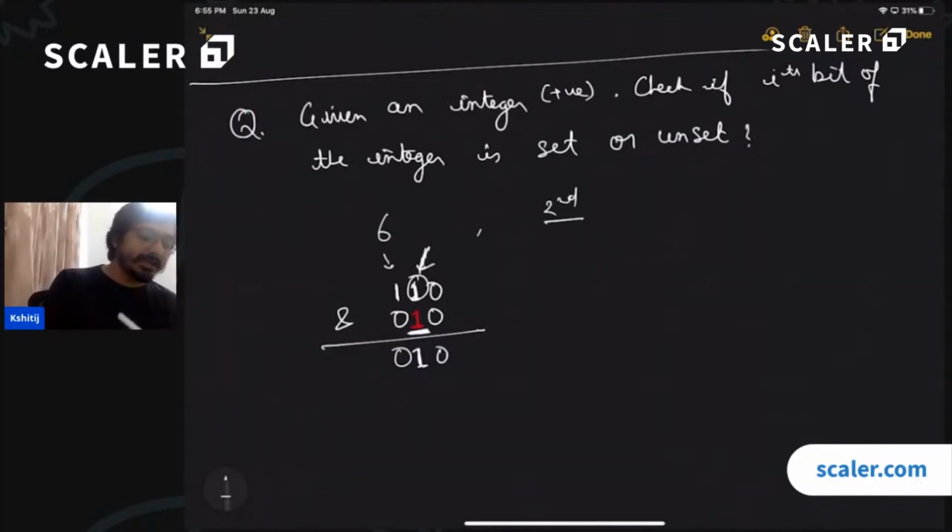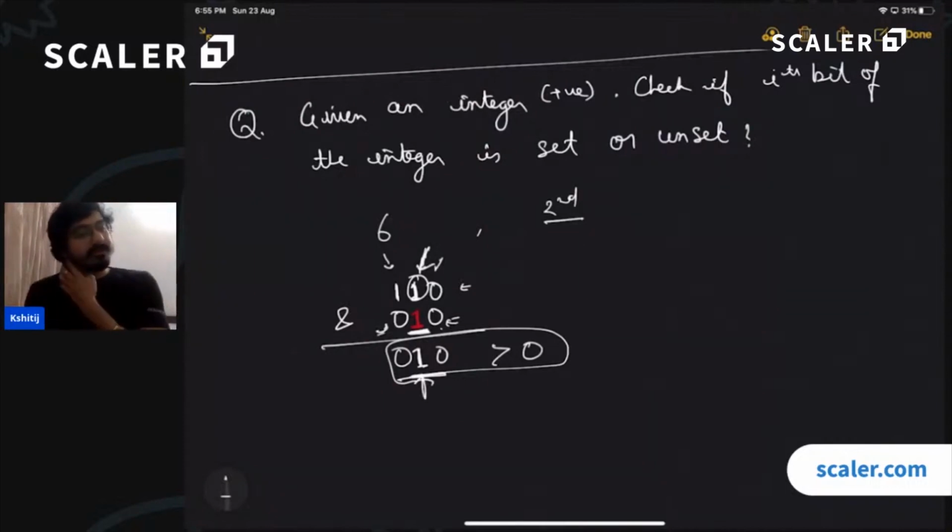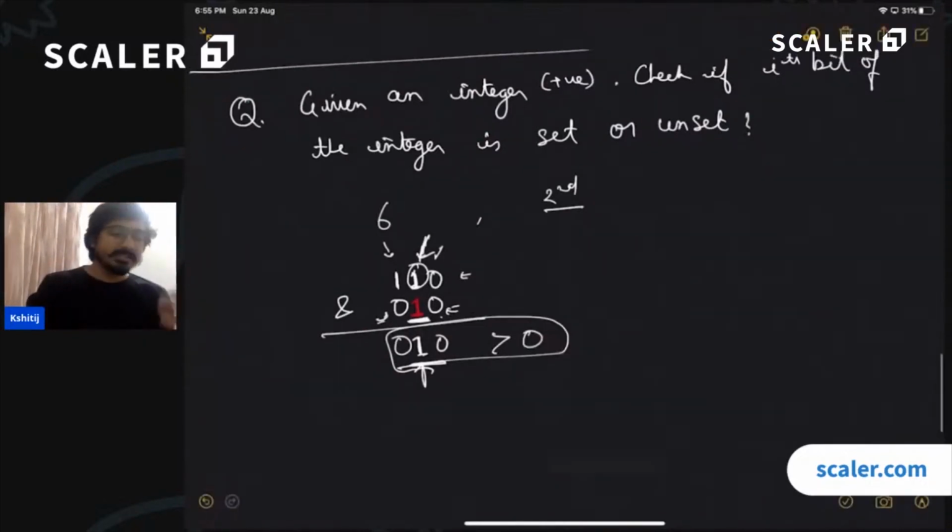So if we are taking an AND of this number with the given number and the answer is greater than 0, then we can say that yes, the ith bit is set. If the answer is not greater than 0, in that case, what will happen? Since all the other bits of this number are unset, and this position is also giving a 0 in the answer, that means that the original number had an unset bit at that position. Is this thing clear to everyone?